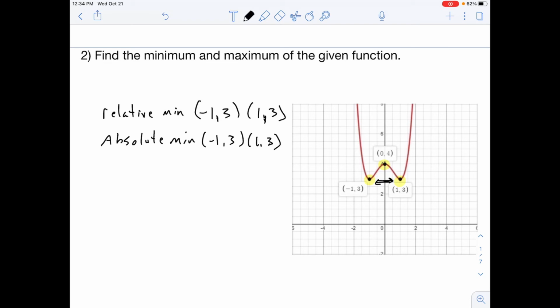Let's talk about maximum. Well, we just said before, this goes up forever, so it doesn't have an absolute max at all. But we do have a relative max right here, because this function is going up and then it's going down, so it changes direction. So we have a relative max at that point, which is (0, 4).